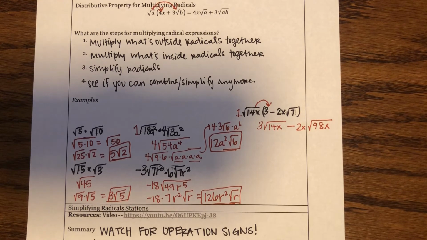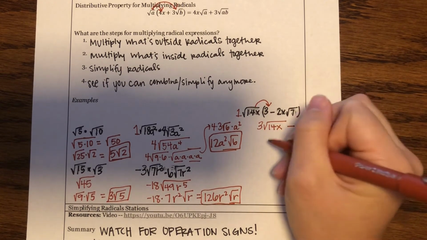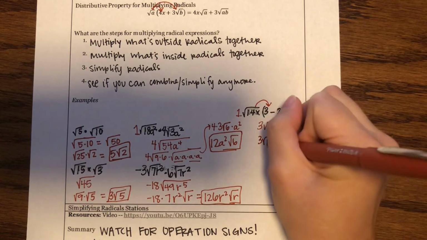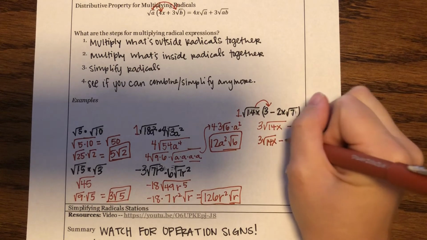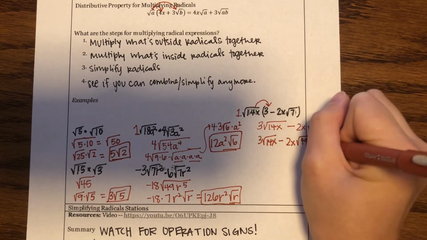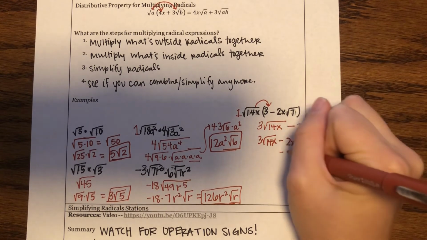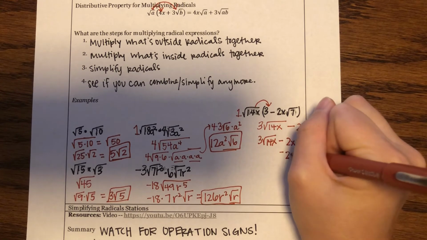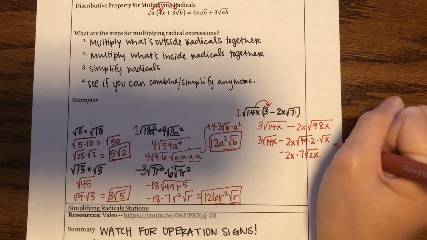We then go ahead and simplify, so 14 cannot be simplified anymore, so that's going to stay as is. 98 though can be simplified to 49 times 2, so we're going to have 2x times 7 square root of 2x.